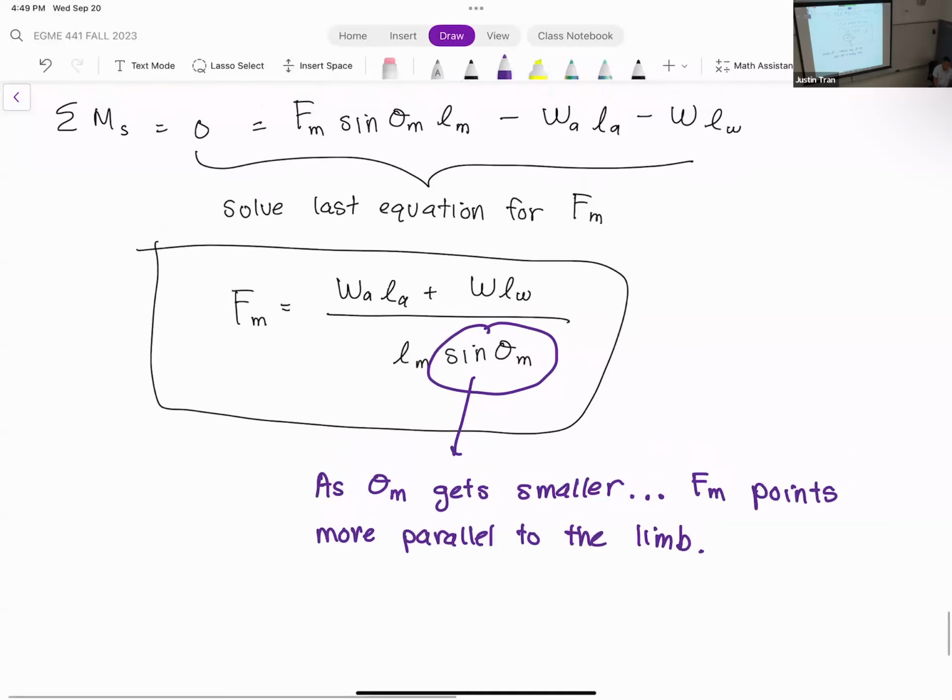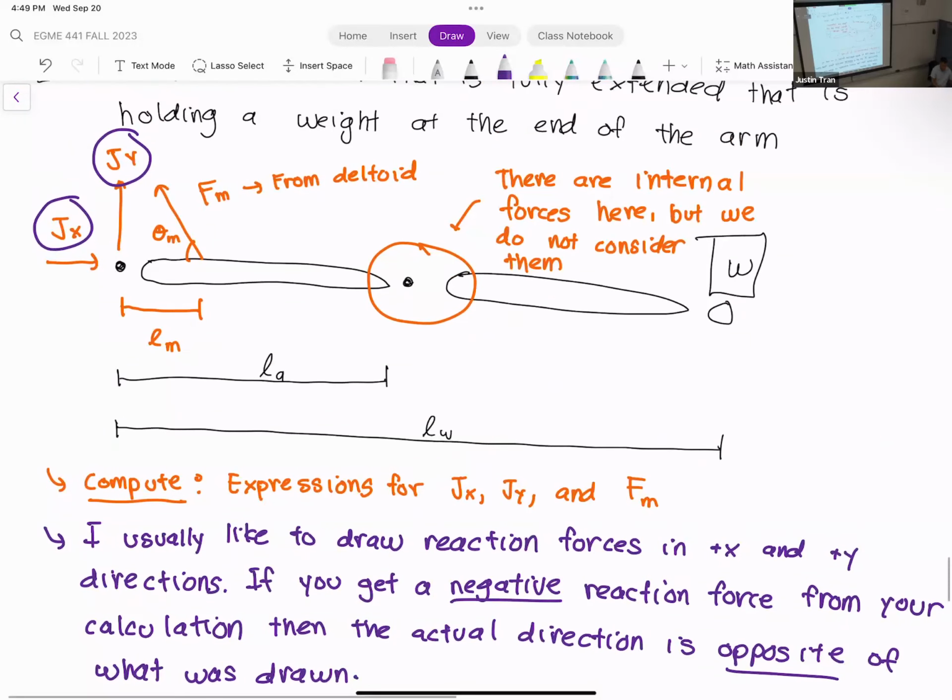If we go back to the free body diagram real quick, you can see as theta m gets smaller, Fm goes closer and closer to that. The extreme, of course, is if theta m is equal to 0, then Fm just points parallel to the arm.